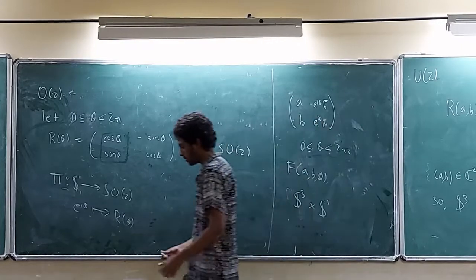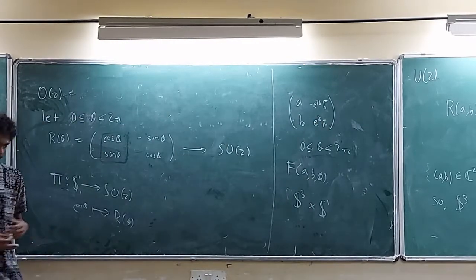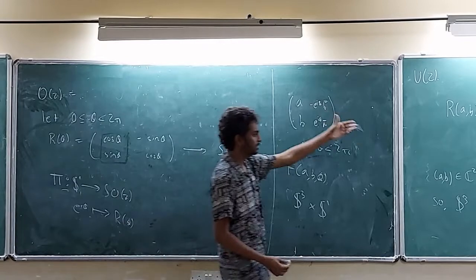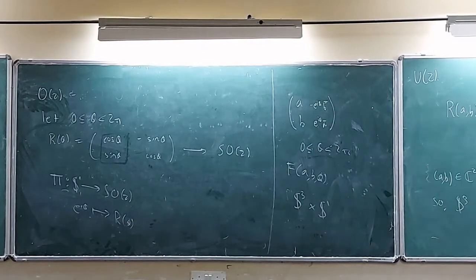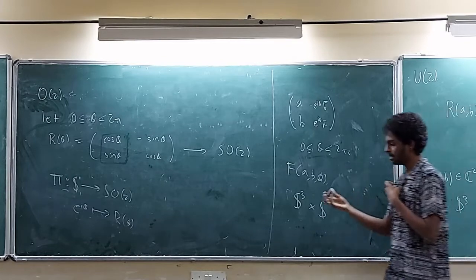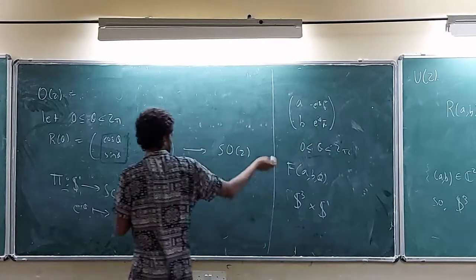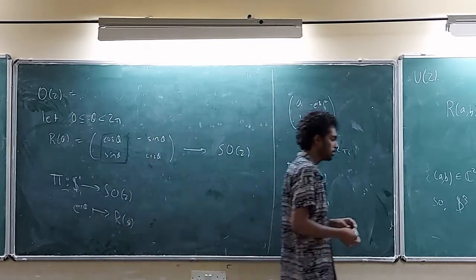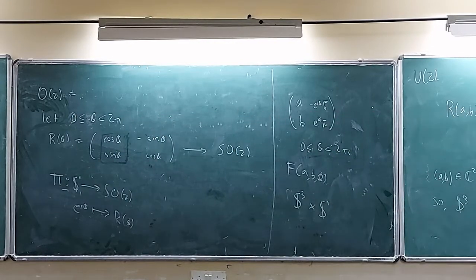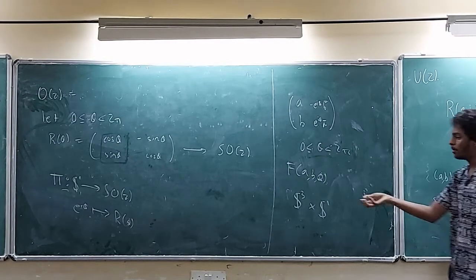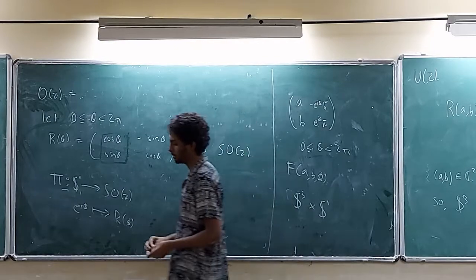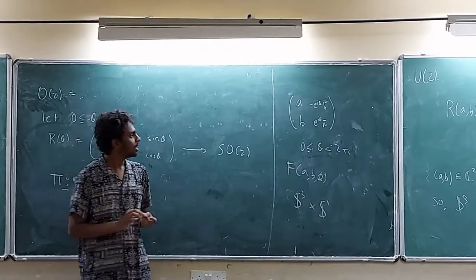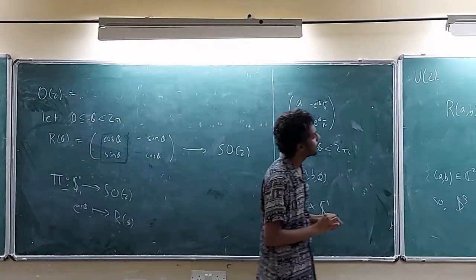So you get one visualization of U2, which is S³ cross S¹, and SU2, the special unitary group, is precisely the sphere S³, crossed with the element e^{iθ} for which it is 1. So this is a visualization of some of the more common compact topological groups that you will encounter.